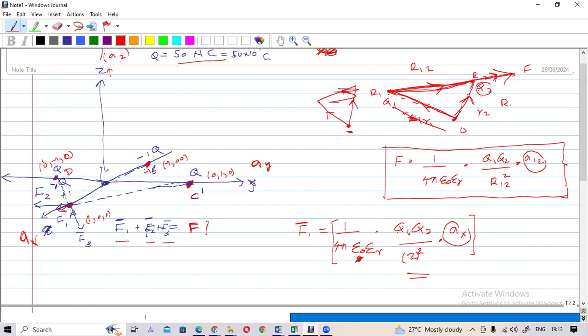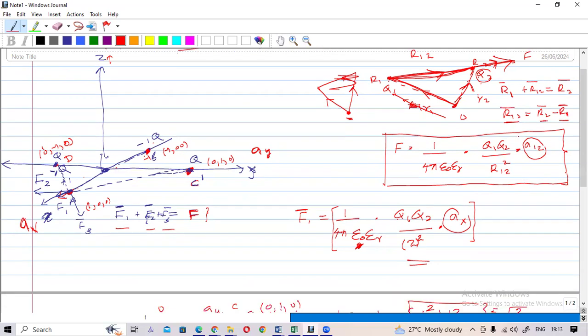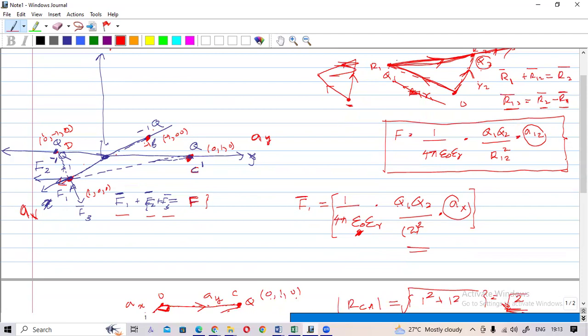So R1 is a vector, and R1 plus this other vector R12 is equal to the vector R2. Then R12 will be equal to R2 minus R1. So R12 you can find with respect to this one and this one. What is R12? That is the total vector from here to here.